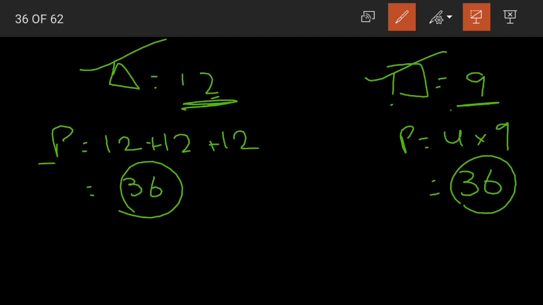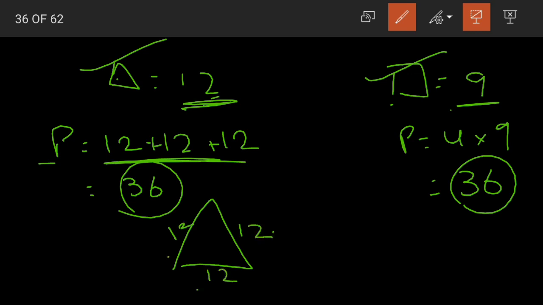Understood, children? For the perimeter of the triangle, why did we add 12 three times? Here our triangle is an equilateral triangle. That means the lengths of all sides are equal. The length of each side is 12 centimeters. So to find the perimeter of the triangle, we have to find the sum of all sides.